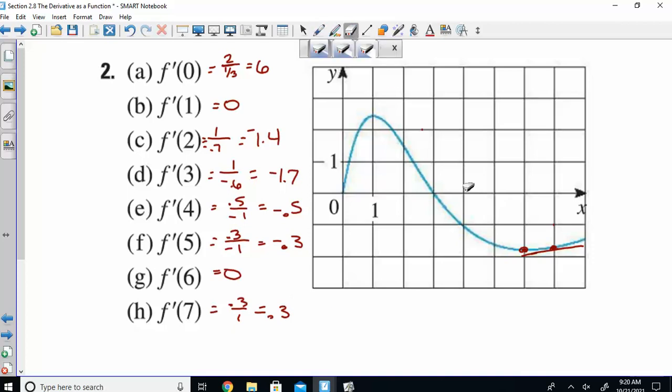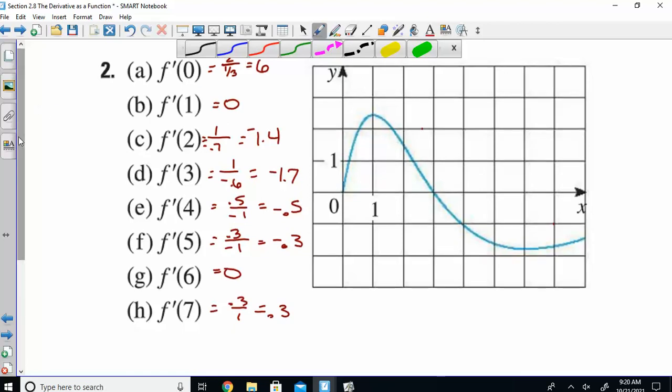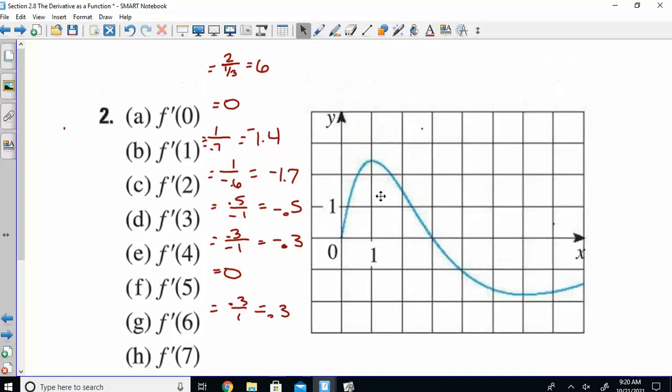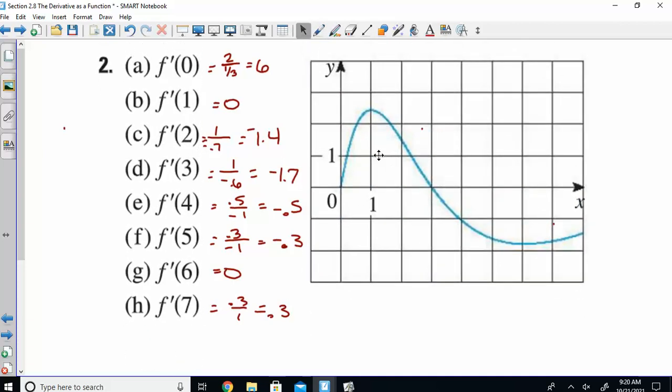Okay, so then if I asked you to draw the derivative here, you are just plotting all of these values. So the first one we started at 6, which my graph doesn't really go high enough, but okay, so it's gonna be way up here.